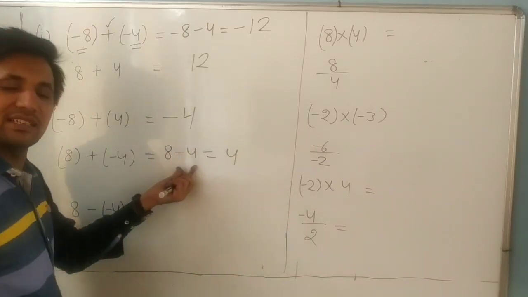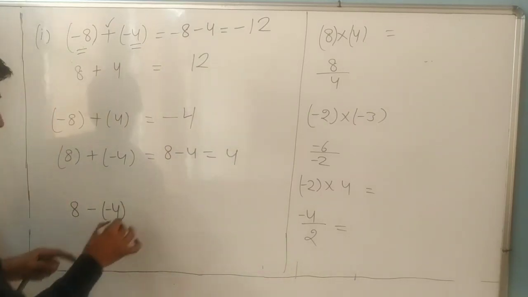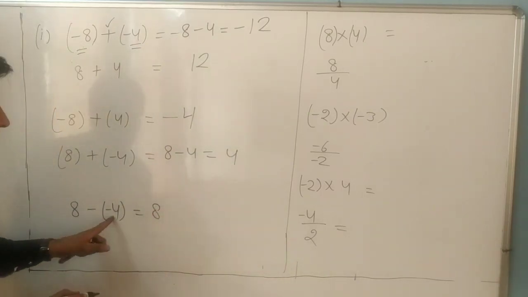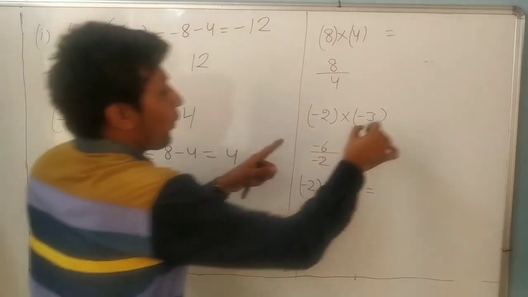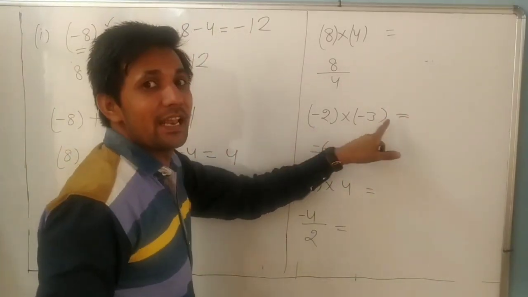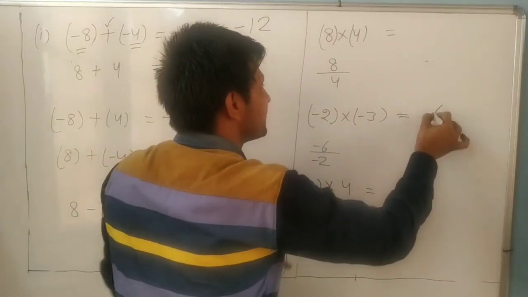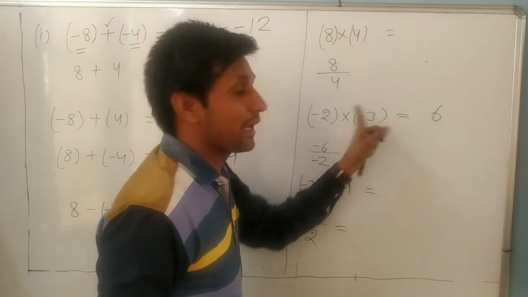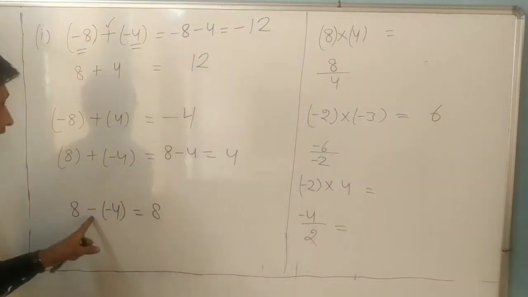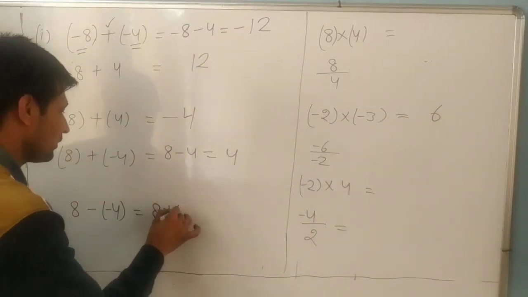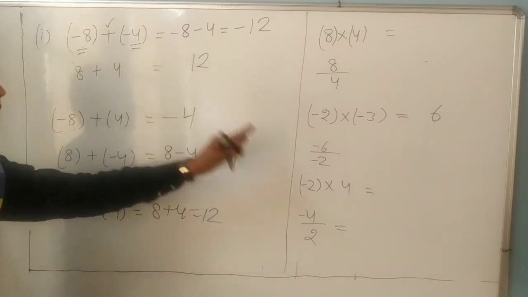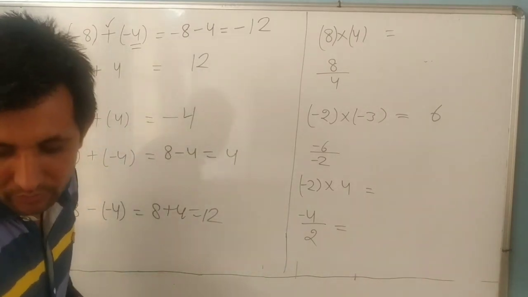Or different sign, again subtract. Now negative into negative, because what is the answer in multiplication? Negative into negative, positive. So negative into negative is positive, plus 4. It is clear. Okay. So you always have to remember this, dear.